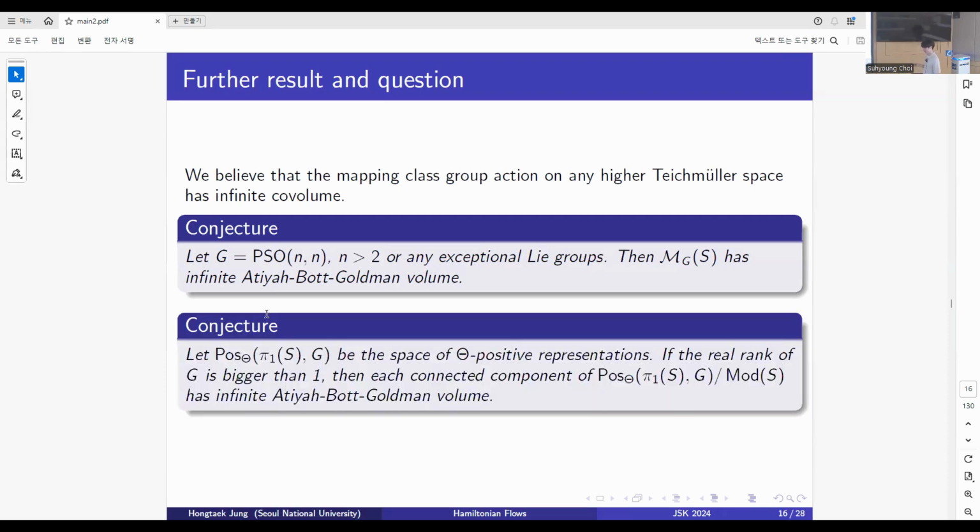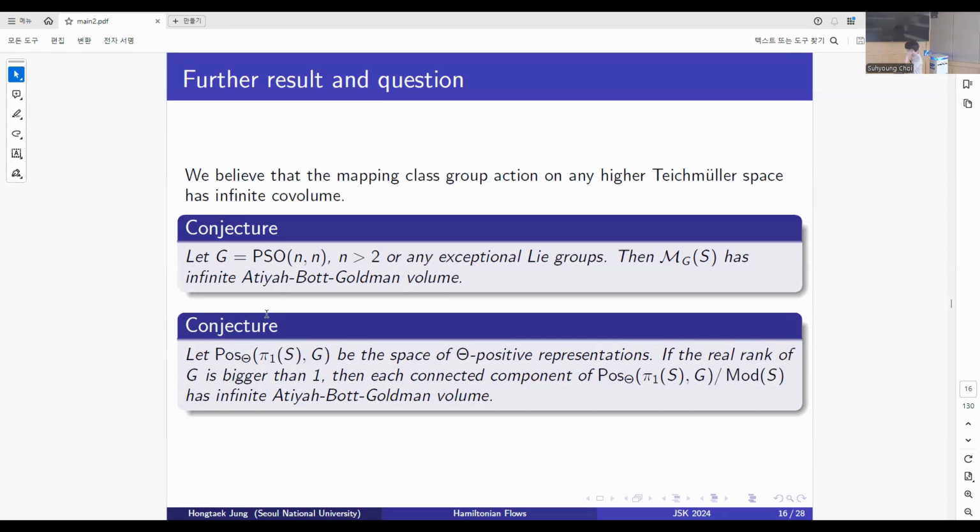A more ambitious question might be this. We collect all the Theta-positive representations that I guess Tengren introduced. These positive representations are all models of a higher Teichmuller space. If your Lie group has higher rank, then every component of this moduli space has infinite Atiyah-Bott-Goldman total volume.